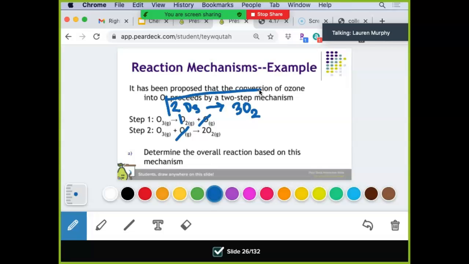This is what we're used to seeing: ozone decomposing to oxygen. But in fact, it doesn't just do this. It does a couple of things in between. So this is our overall reaction that we're used to seeing, and this is the mechanism that made it. Questions so far?